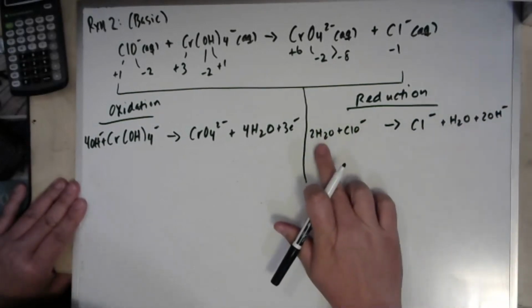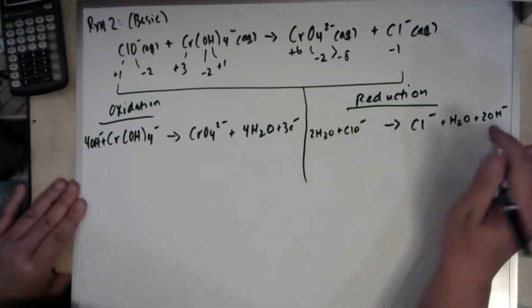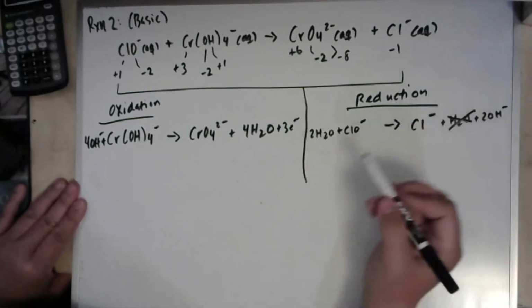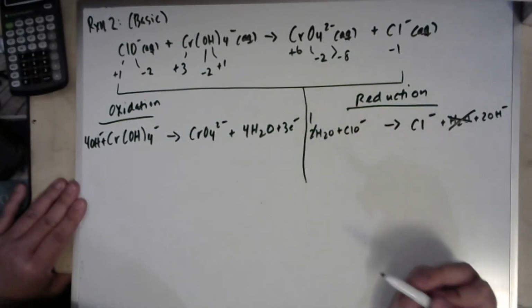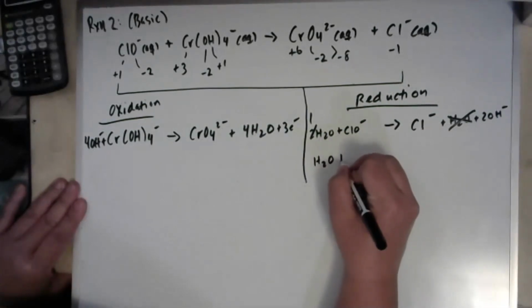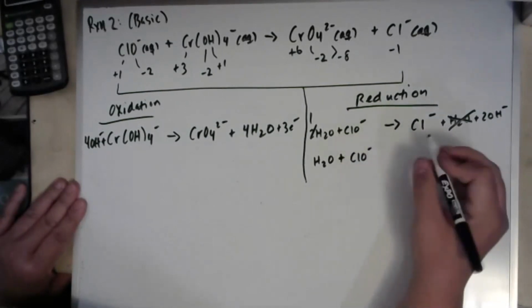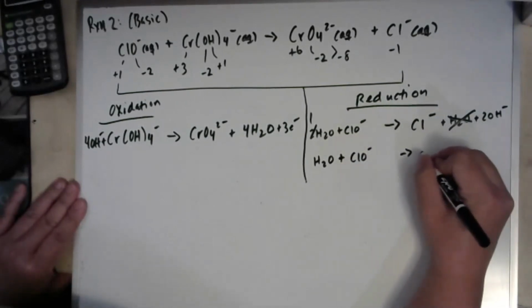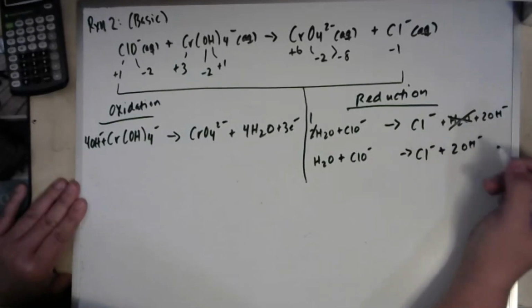If I have 2 waters on the reactant side and 1 water on the product side, this product water cancels out, and 1 of my reactant waters cancel out. So this is actually going to be H2O, just one of them, plus ClO minus yields Cl minus and 2 hydroxide ions.